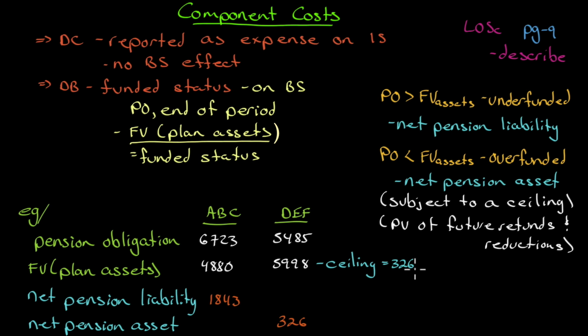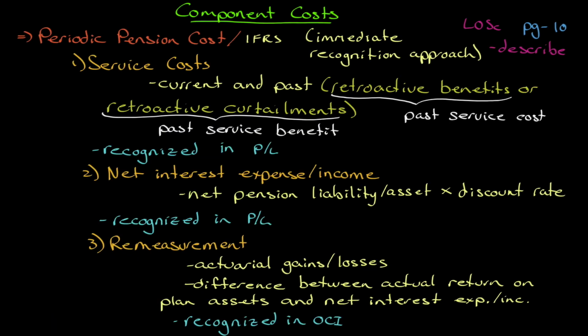We just have to understand that when it comes to the asset, it may be restricted by a ceiling. It will not show the full value of the asset today, but it'll show the present value of future refunds and reductions. There may be a ceiling. So even though the difference is greater than 326, our net pension asset can only be 326 because we've hit that ceiling.